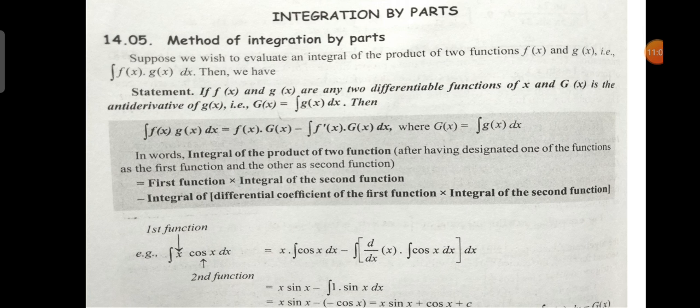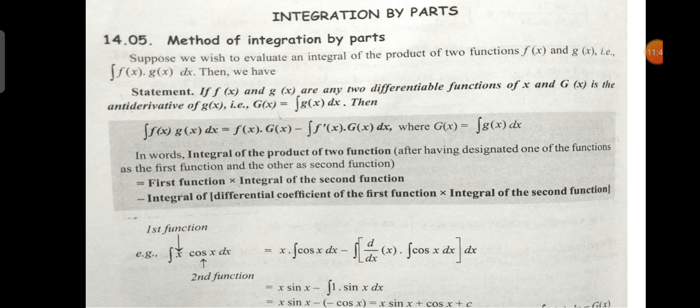An example is given: integral x cos x dx. Two functions of x are given, x and cos x. So x is the first function and cos x is the second function. What should we do? First, write it in the definition. First function x into the integral of the second, integral cos x dx.